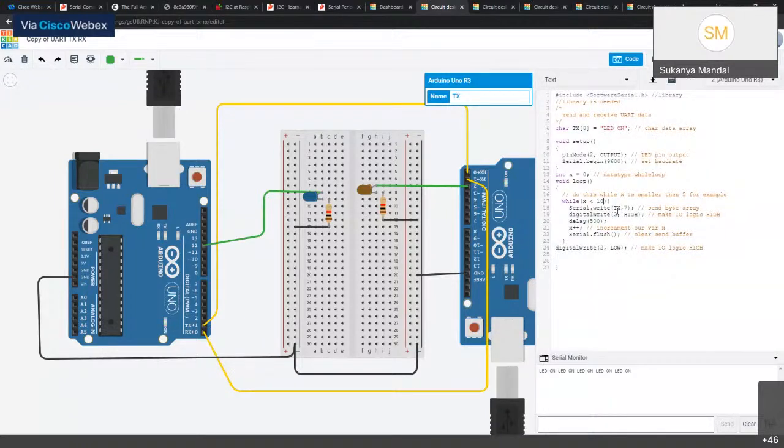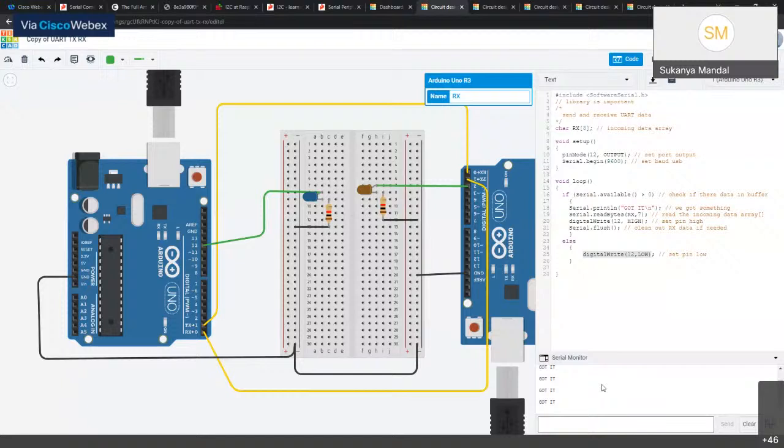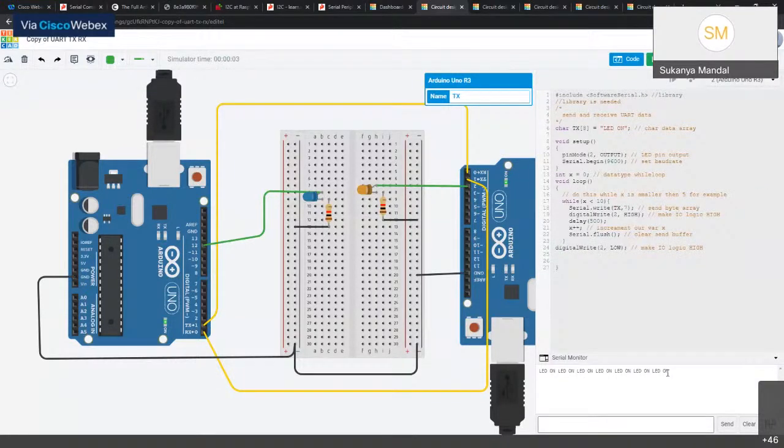to let's say 10, and this is on the transmission side, and then we clear our serial outputs and then we start the simulation. So we see 10 signals here.